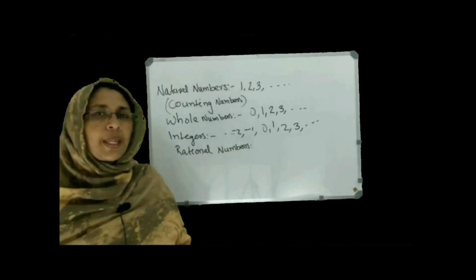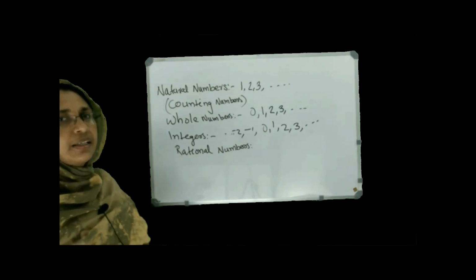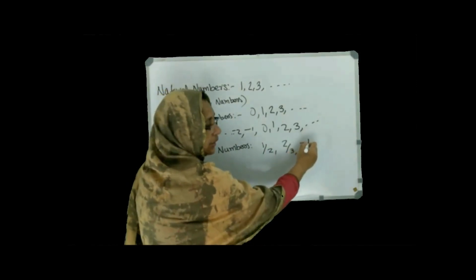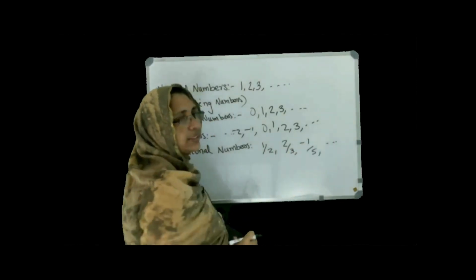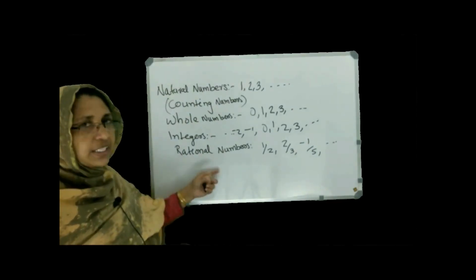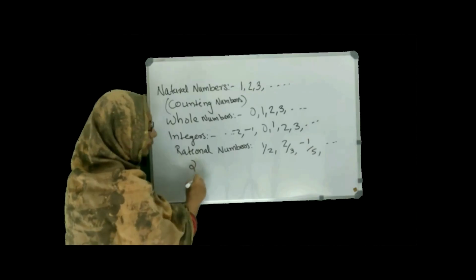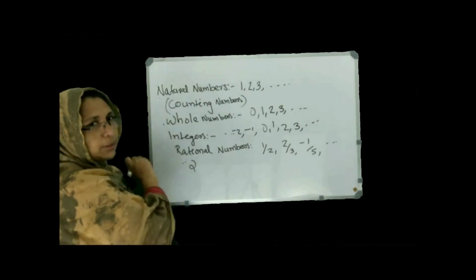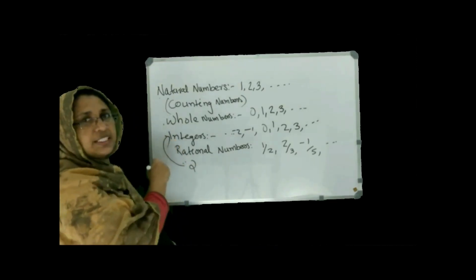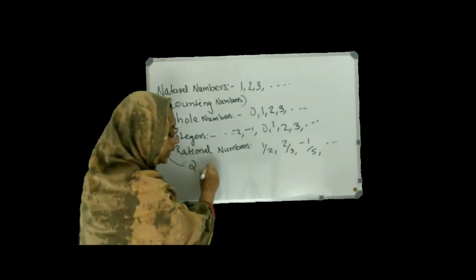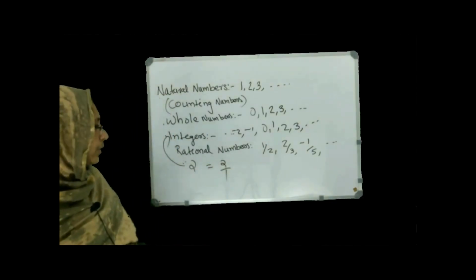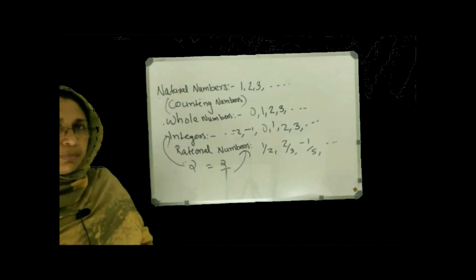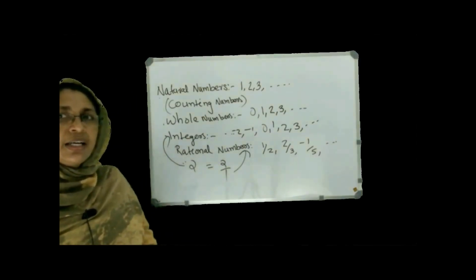Examples of rational numbers are, say, 1 by 2, 2 by 3, negative 1 by 5, etc. What about 2? 2 is a natural number. 2 is a whole number. 2 is an integer. We know 2 equal to 2 by 1. So 2 is also a rational number.